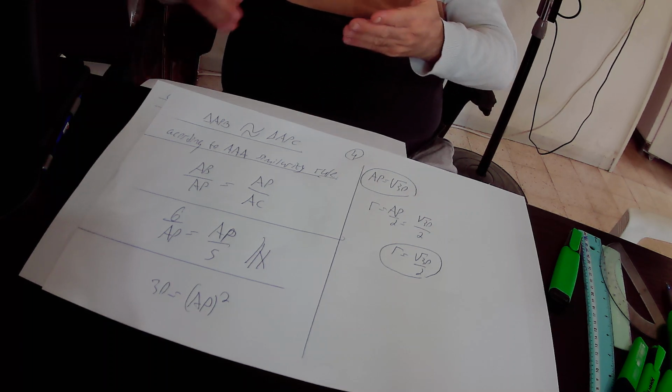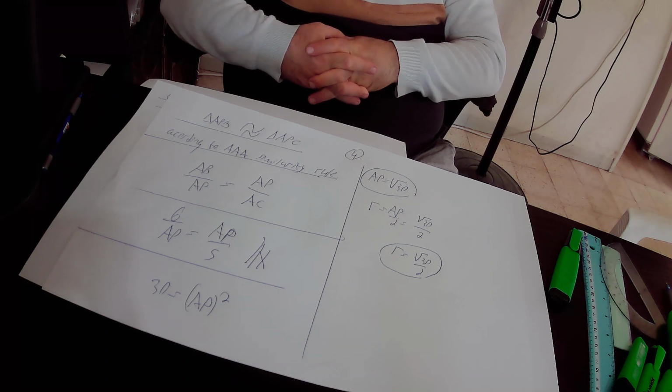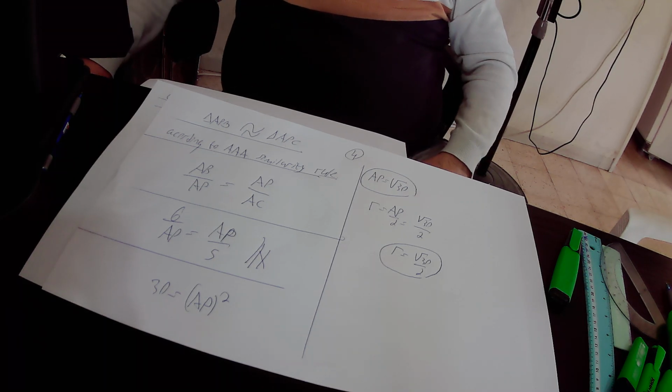From the fact that the two right triangles are similar to each other, we derive that the following relationship exists between their sides.